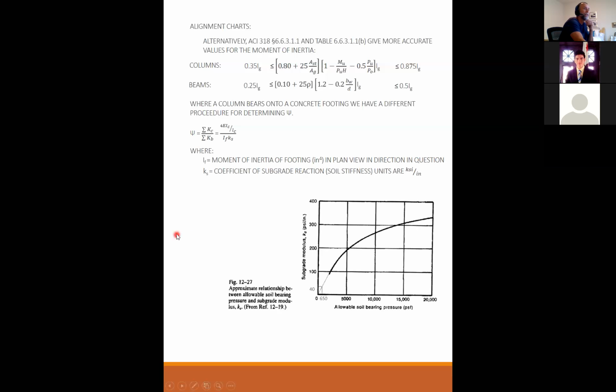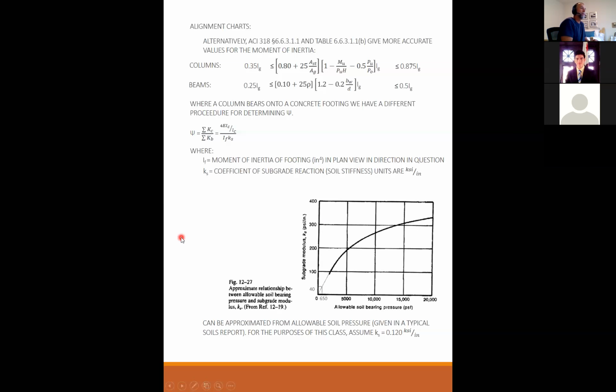K sub S is a coefficient of subgrade reaction, soil stiffness, units of which are KSI per inch. This is a reference that I got. This actually came out of the PCI Design Handbook. But here's some examples of a correlation between K sub S and allowable soil bearing pressure that you can approximate with.